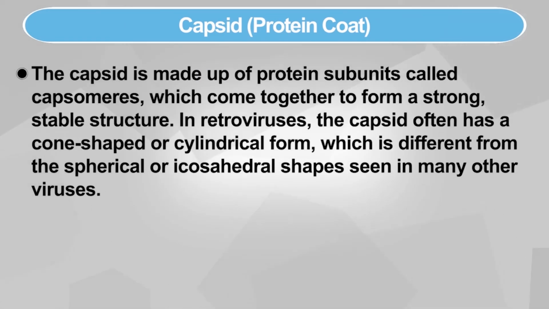The capsid is made up of protein subunits called capsomers, which come together to form a strong, stable structure. In retroviruses, the capsid often has a cone shaped or cylindrical form, which is different from the spherical or icosahedral shape seen in many other viruses.